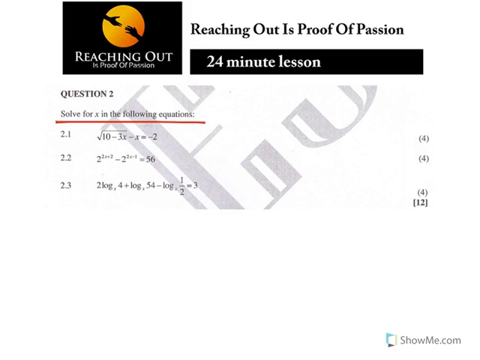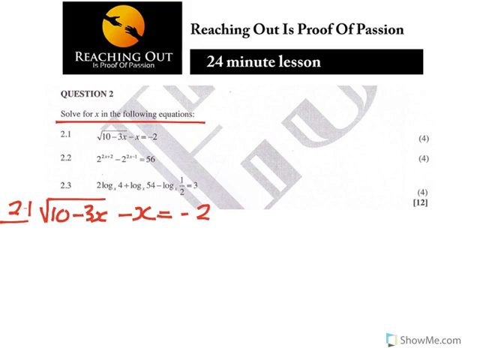Well, it's not a difficult method. It's something that the examiners like asking on this particular question 2.1, and I want you to be careful whenever you're doing it. So let me try to solve it in this space. It says square root of 10 minus 3x minus x is equal to negative 2.